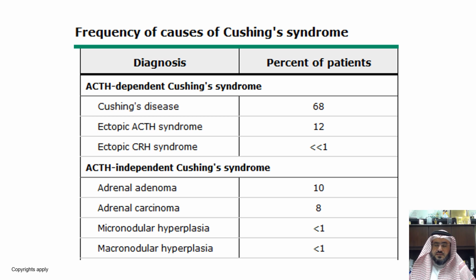While in ACTH independent Cushing syndrome, the problem comes from the adrenal gland, the commonest cause of adrenal pathology is adrenal adenoma, followed by carcinoma, and rarely micro or macronodular hyperplasia of the adrenal gland.